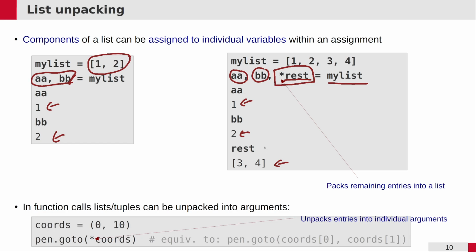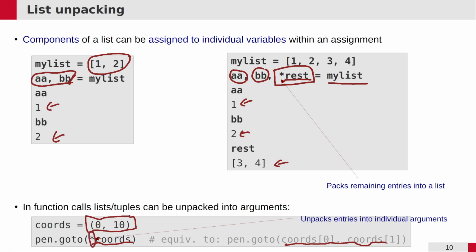This unpacking can be used very nicely for certain functions. One example which we had already is the turtle graphics. If you have a coordinate as a tuple or as a list, it doesn't matter, with 2 components, and you want to invoke the goto function of the turtle, which would like to have the x and the y coordinate as separate arguments, then you can just write the name of this tuple or list and put a star in front.